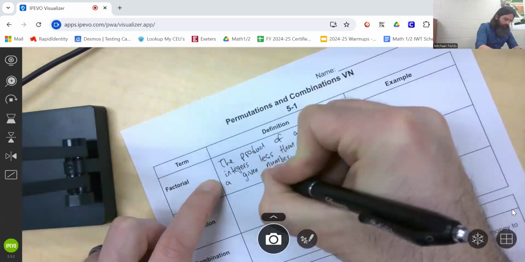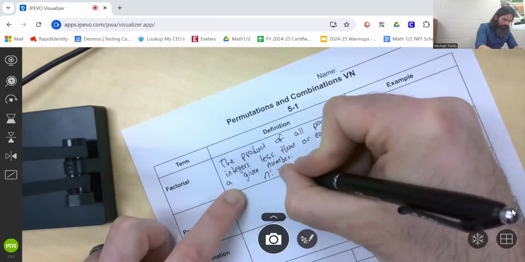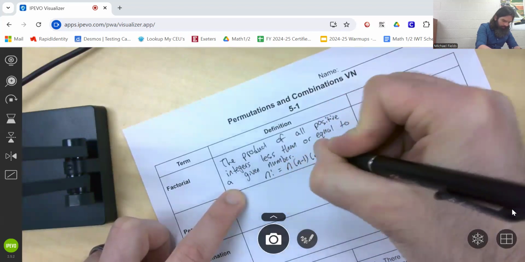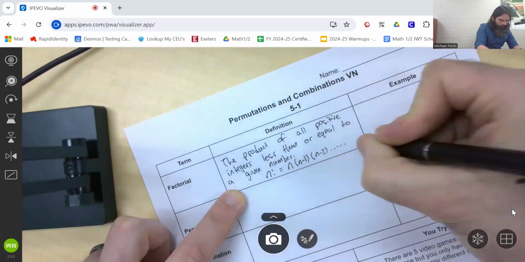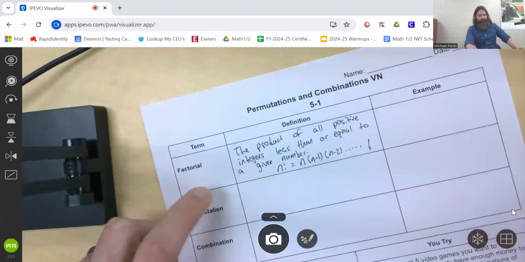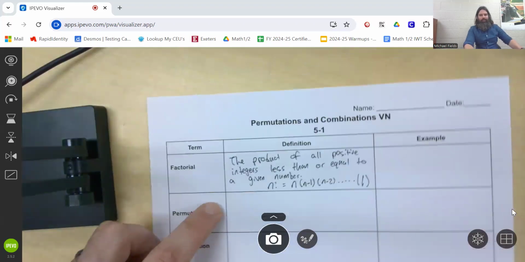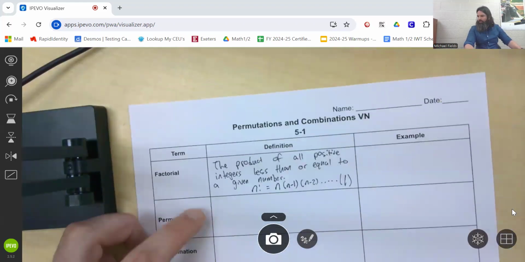So n factorial is n times n minus 1 times n minus 2 all the way until we get to 1.